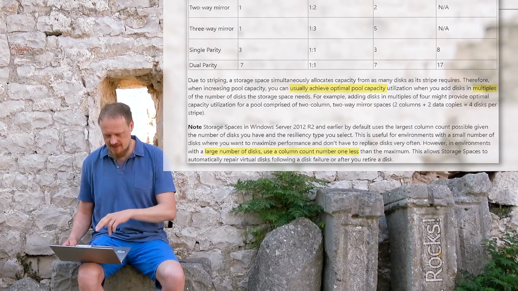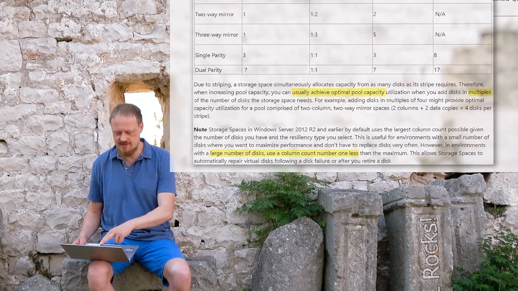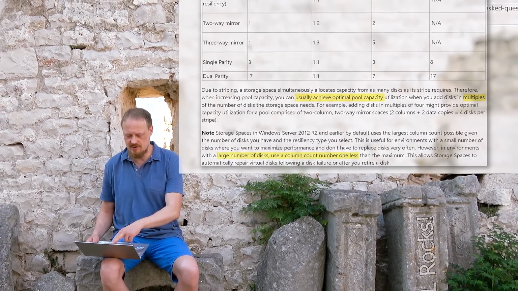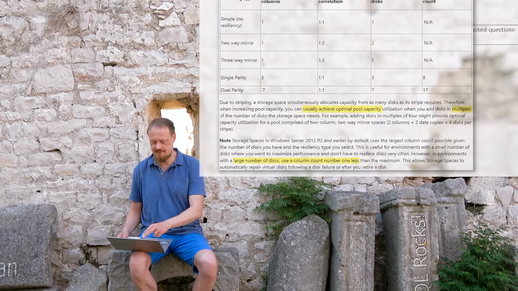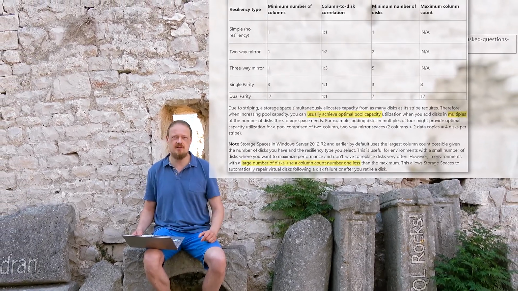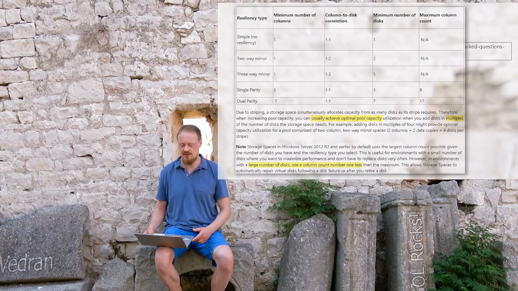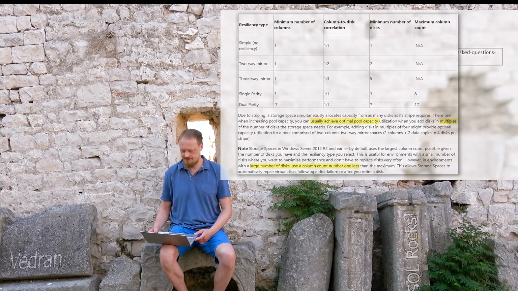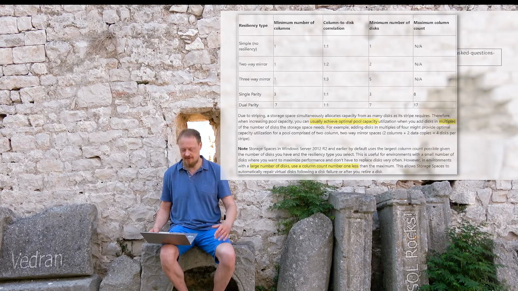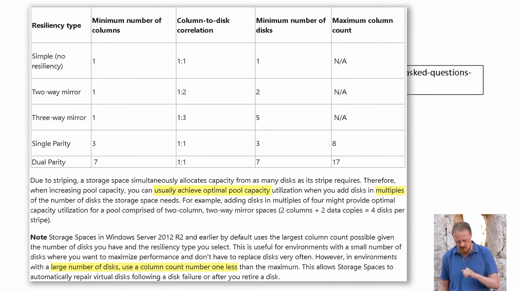Note that here we have a minimum number of disks, and for three-way mirror it is 5. For single parity it's 3. But for parity we also have maximum number of disks. So we cannot have more than 8 disks in parity, or 17 in dual parity. Very useful comments there.